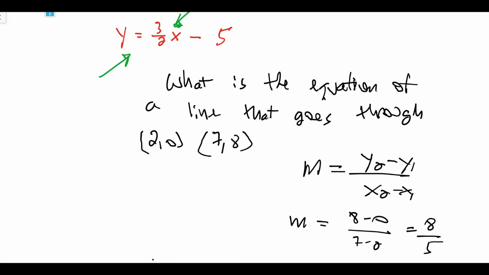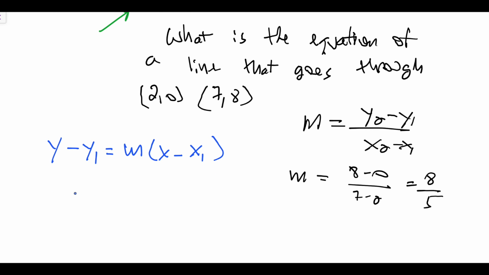Okay, now what? Now you plug a point into the point slope formula. What's the point slope formula? y minus y1 equals the slope times x minus x1. So then what do you get?